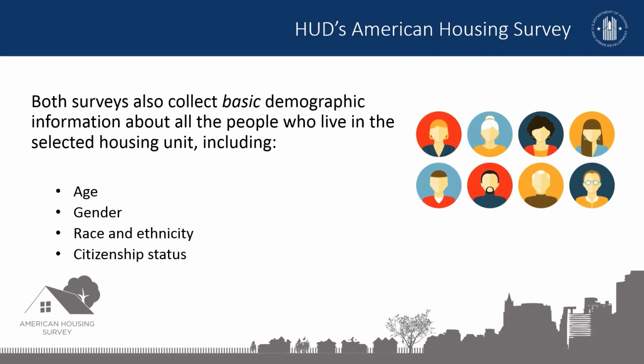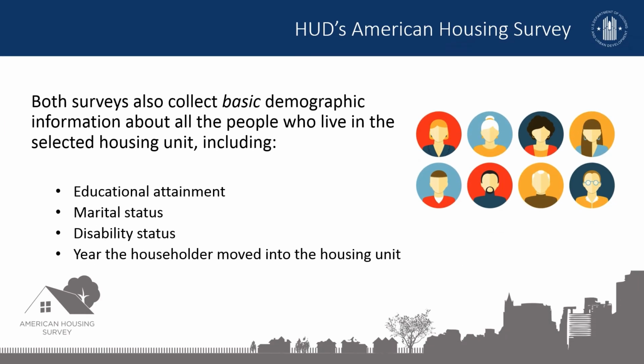Both surveys also collect basic demographic information about all the people who live in the selected housing unit, including age, gender, race and ethnicity, and citizenship status. And both surveys collect demographic information such as educational attainment, marital status, disability status, and year the householder moved into the housing unit.